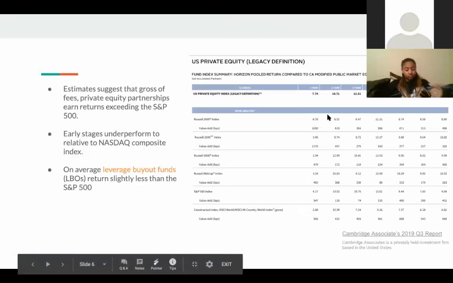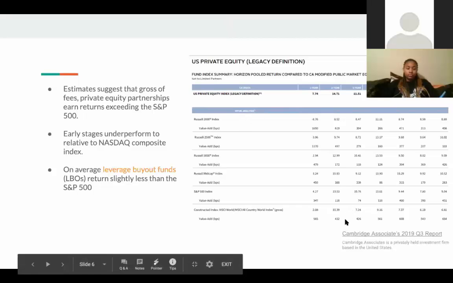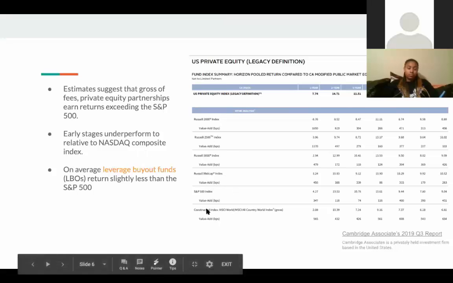On the right here, we have a table from Cambridge Associates' 2019 third quarter report. If I'm not mistaken, Cambridge Associates actually created the MPME way of calculating private equity. It compares private equity to the Russell indexes as well as the S&P 500 index and the All Country World Index.